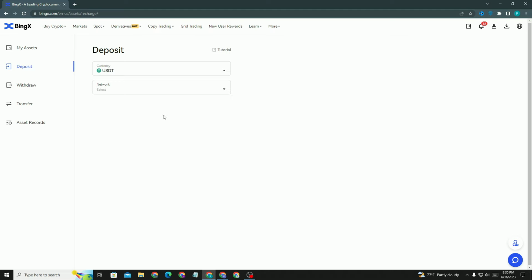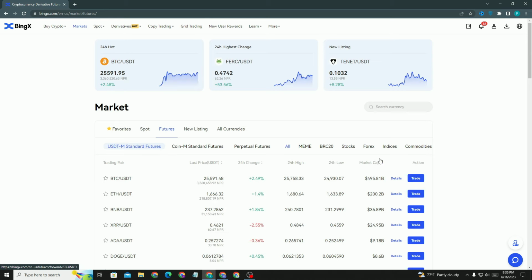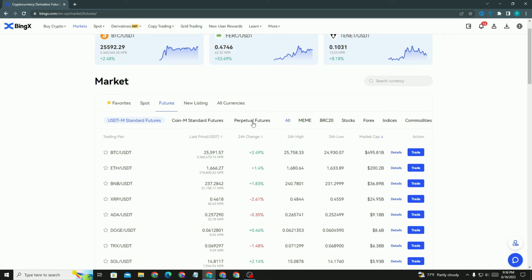I'm just teaching how you can simply deposit and withdraw, which I already taught you at the beginning, like buy crypto and sell crypto over there. So here in the market, you can simply visit the market and see the data, whichever you want, like BTC, ETH, and there are lots of cryptocurrencies over here.